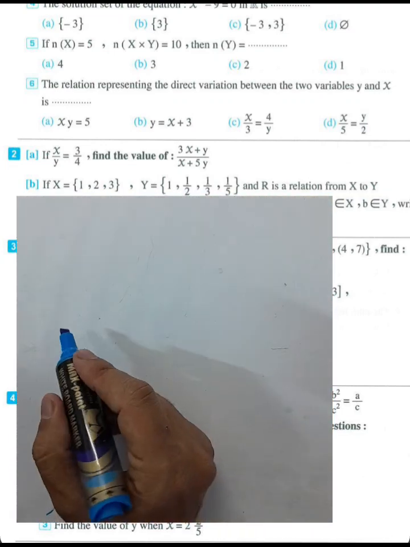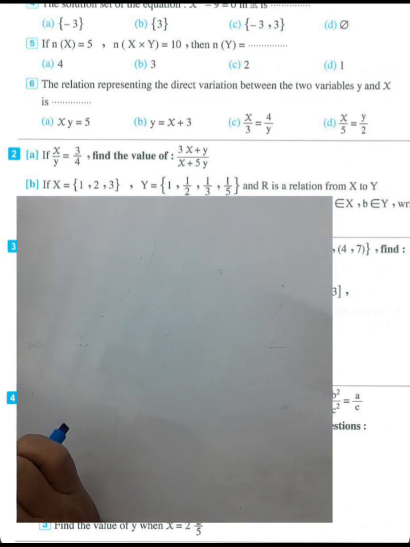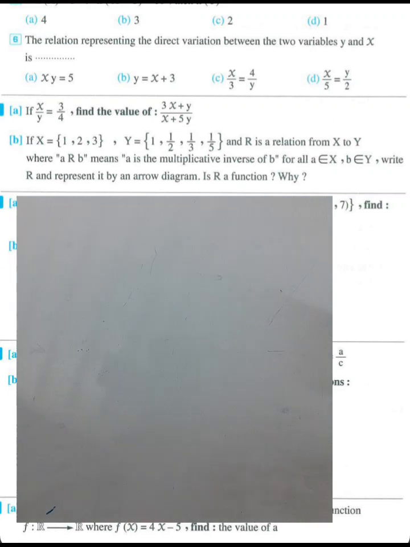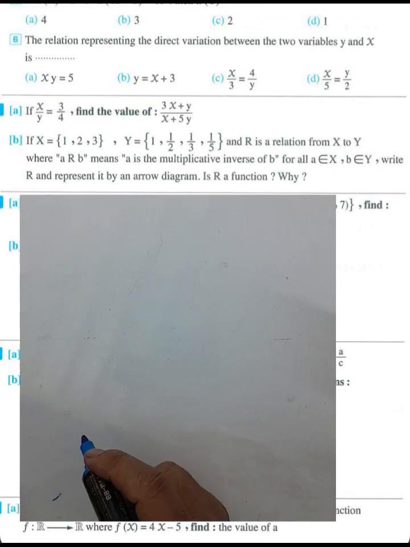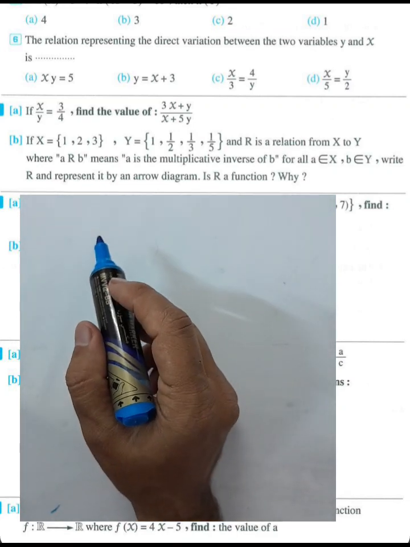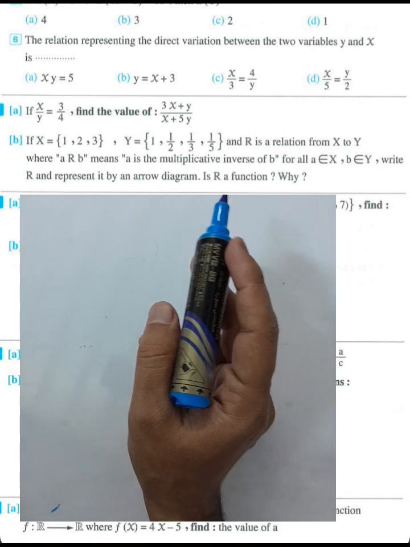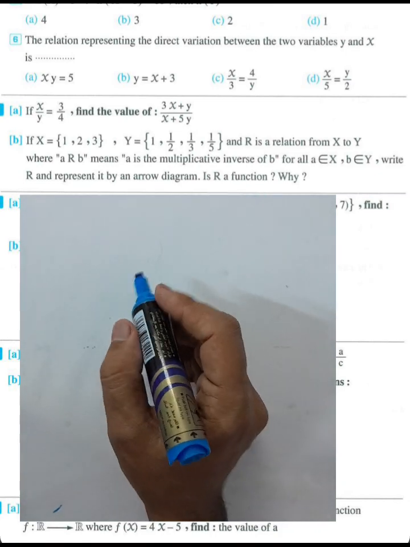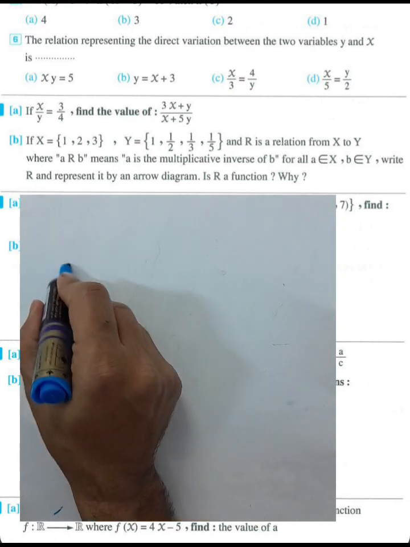13 over 23. Next question, letter B. If x equals the set 1, 2, 3, and y equals 1, half, third and fifth, the relation between x and y refers to a is the multiplicative inverse of b for all a belonging to x. We can write the relation.